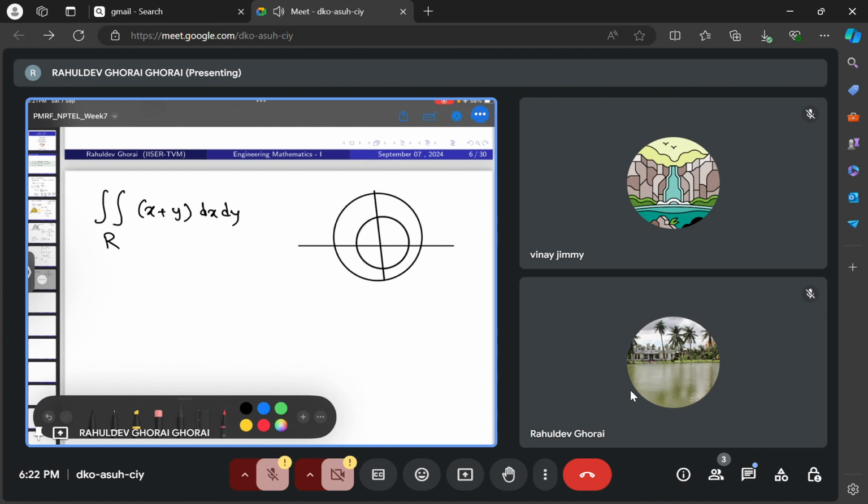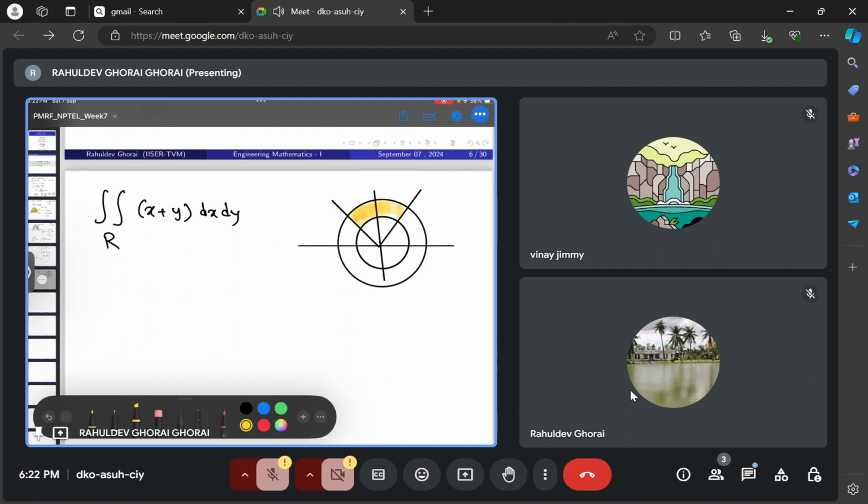Let's draw it. I'll tell you what R is. Let's say R is this portion.